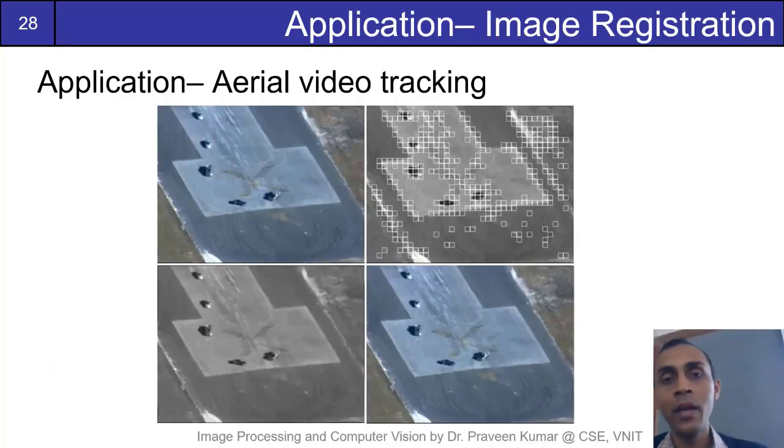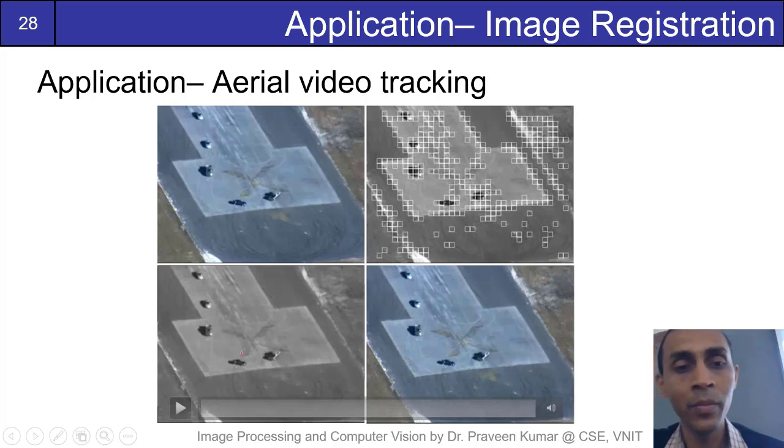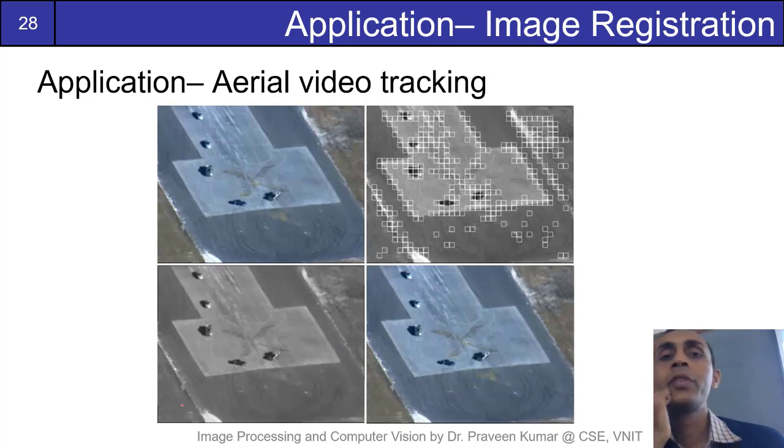This is another application of image registration. This is a demo of a case where the camera itself is on a moving platform. Normally when we do image object tracking, if the camera is stationary, it's easier because the camera is fixed.